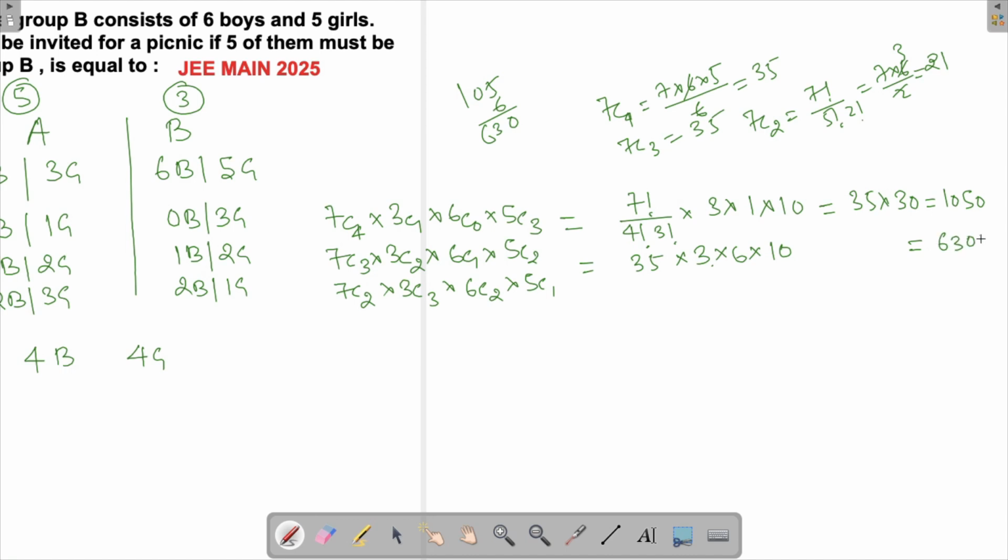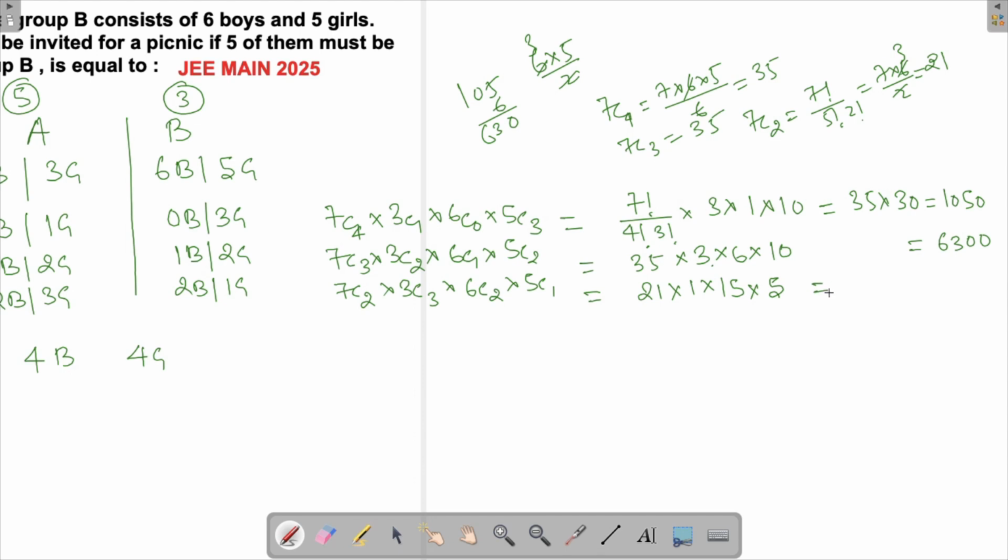Now the last one is 7C2, which we found to be 21. 3C3 is 1. 6C2 we did not calculate: 6 into 5 upon 2 gives 15, into 5C1, which is 5.